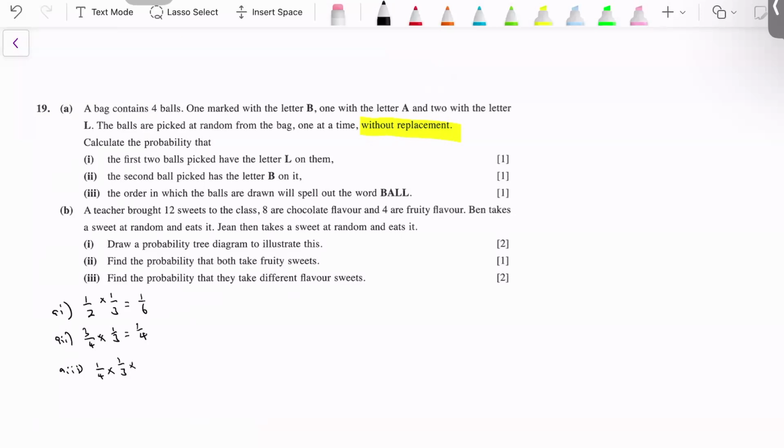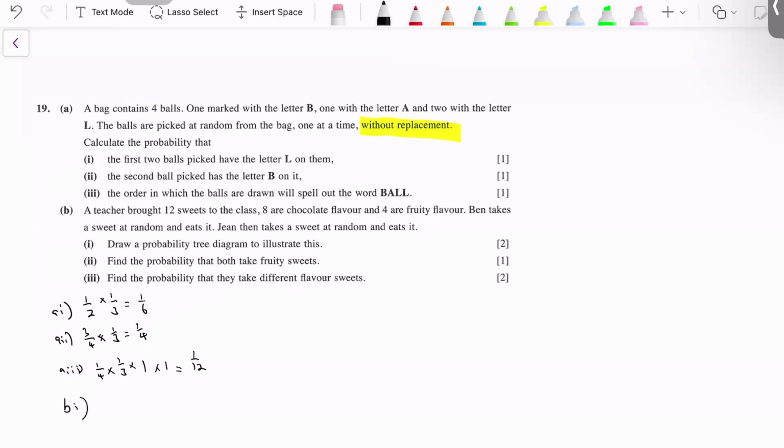And the third ball being letter L is 1, because after removing the B and the A, you are left with two L's. So the probability of you getting L on the third draw is 100%. And your last draw is also 100% because that's the only ball left. So ultimately, your probability in that order is 1 out of 12.